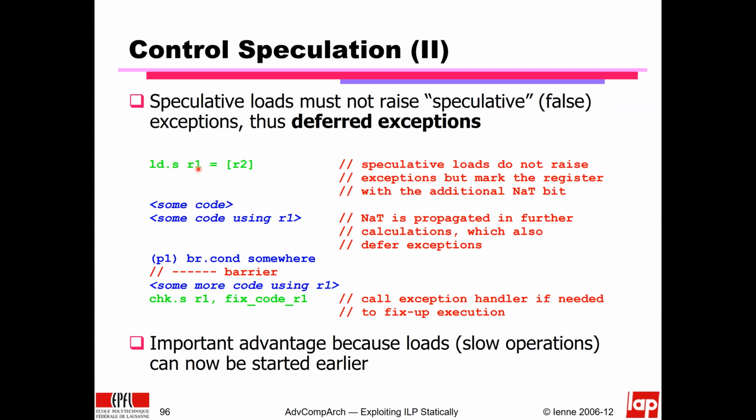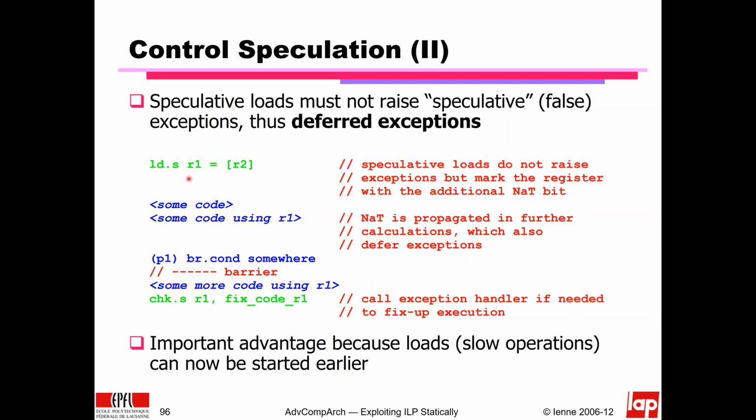They call it here the not-a-thing bit, so it is an additional bit. This load puts in that bit the information that there has potentially been an exception, right? But it doesn't raise the exception. Whereas a normal load, if the load fails, raises an exception, here the exception is not raised, but simply this bit is set.